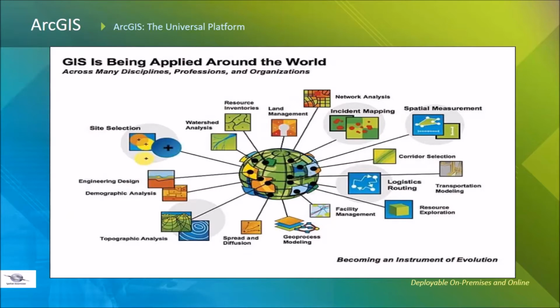Then you have identification of shortest routes for emergency management through network analysis. Another application, web and watershed analysis for water resource management. Then you have land management for land parcel management, and demographic analysis for statistics. These are just a few of the various applications GIS can be utilized for.